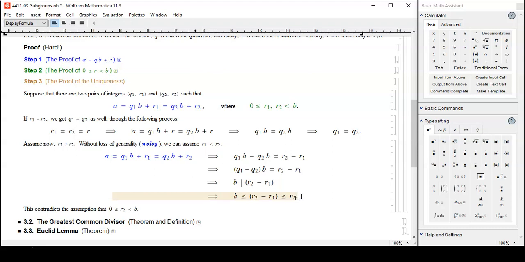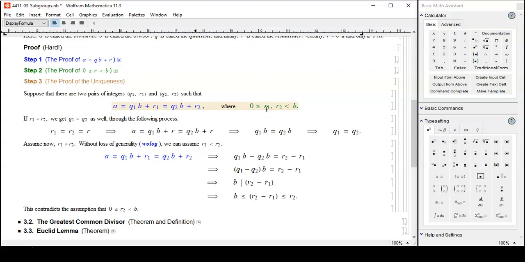And in turn, R2 minus R1 is less than or equal to R2 because R2 minus something non-negative, greater than or equal to 0. So what's the conclusion? B is less than or equal to R2, or R2 is greater than or equal to B. But that's a contradiction because R2 was assumed to be less than B.